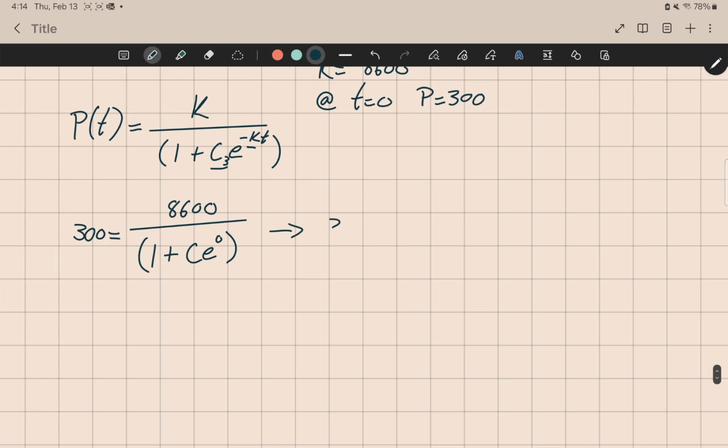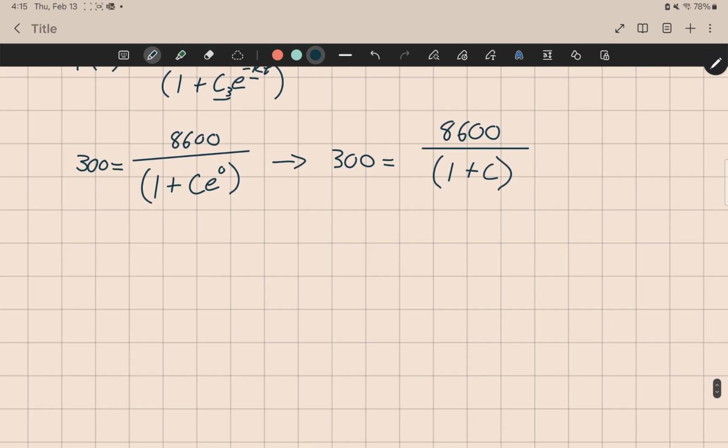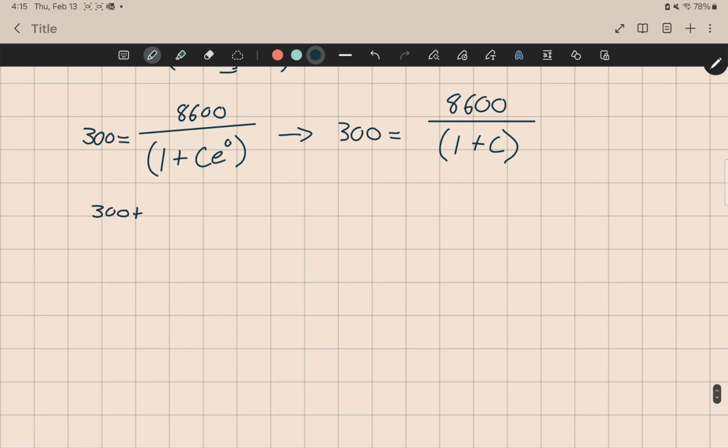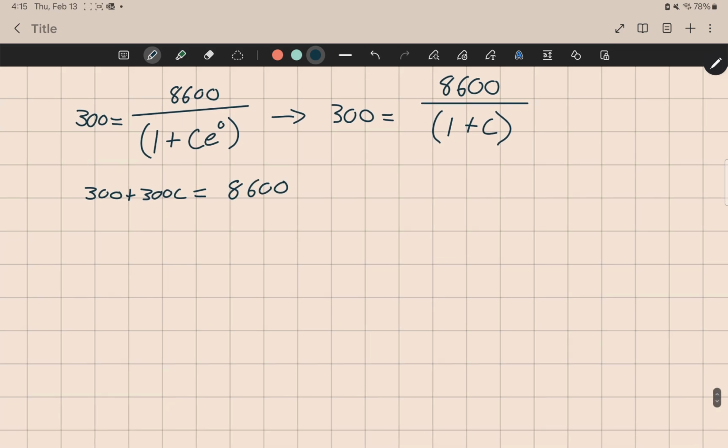And this becomes 300 is equal to 8600 over 1 plus c. And then I'm going to multiply that 1 plus c up to the top. And so I'll have 300 plus 300c is equal to 8600. And then now we're just solving for c. So it should be easy money.